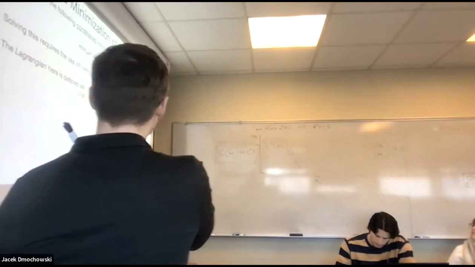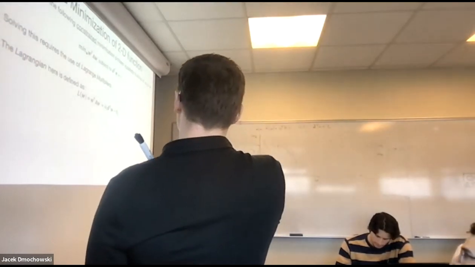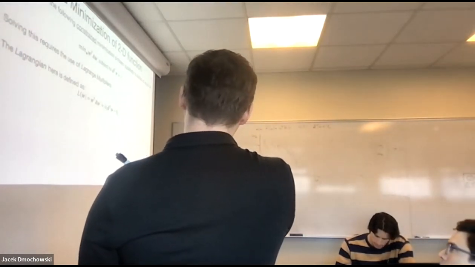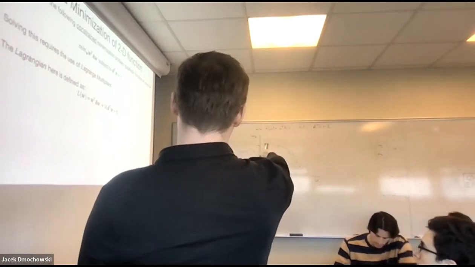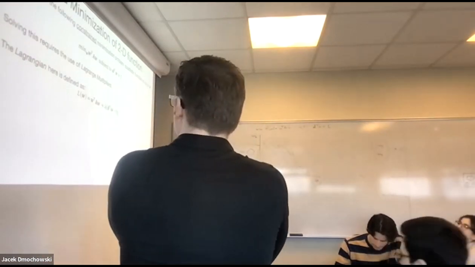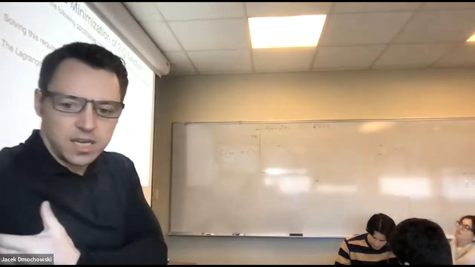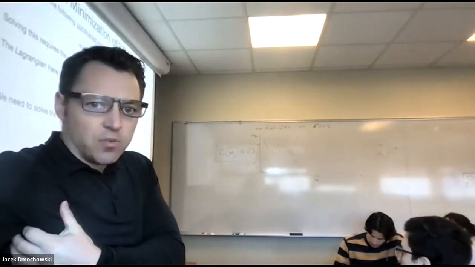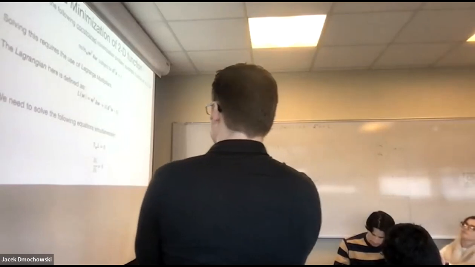The way to think about this is that lambda informs where we place that green point, essentially. What Lagrange came up with is that we need to solve two sets of equations simultaneously.